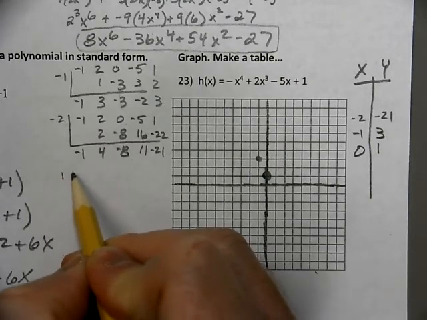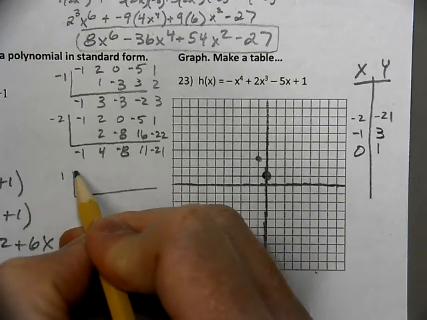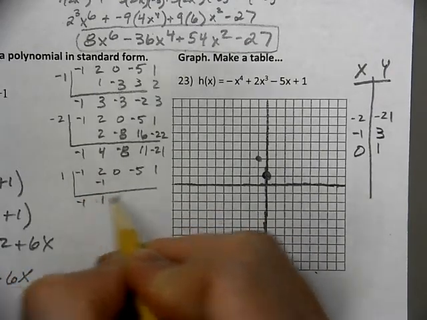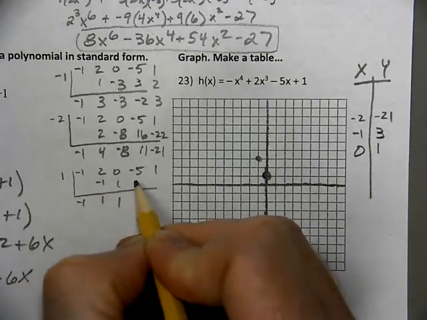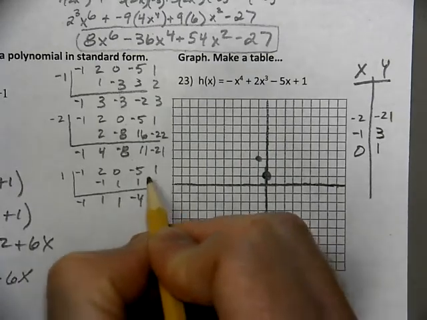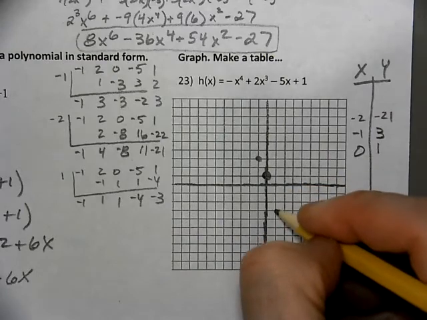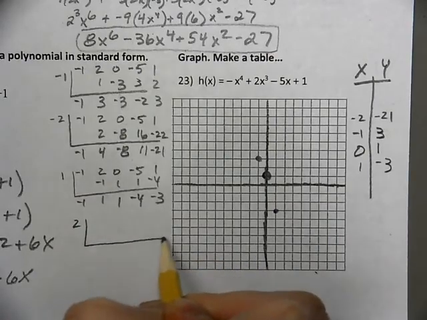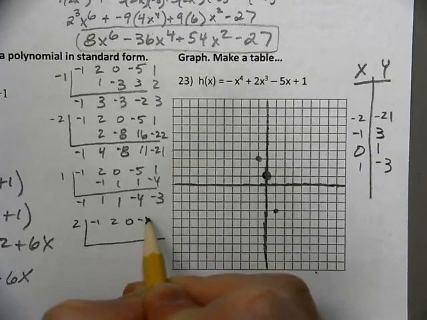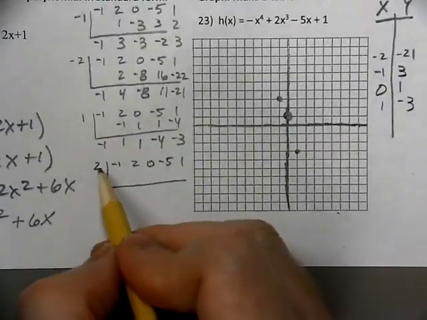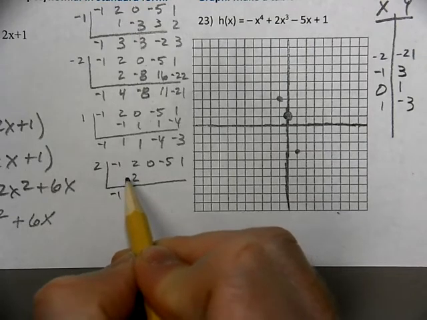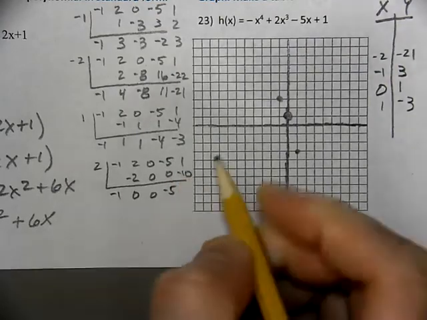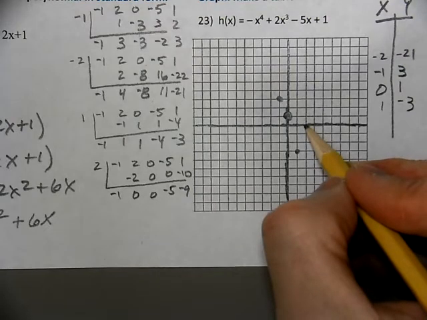When x is 1, we're down at negative 3. When x is 2, we're down at negative 9.